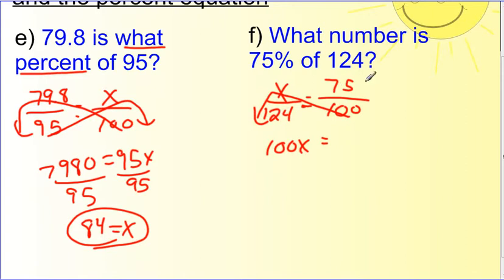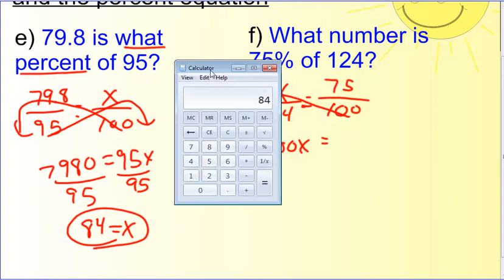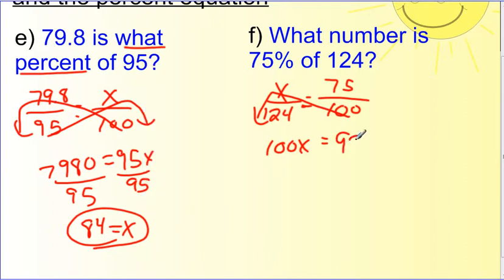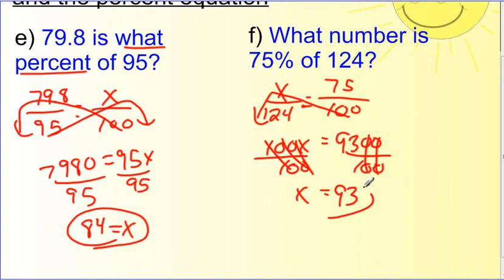We got 75 times 124. Let's see, 75 times 124 equals 9,300. Divide by 100 to solve for x. Divide by 100. So we get 93 is our solution.